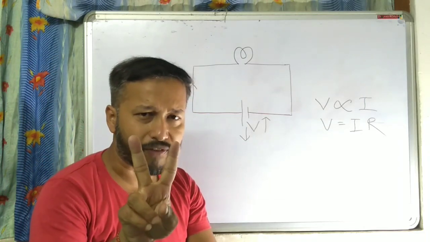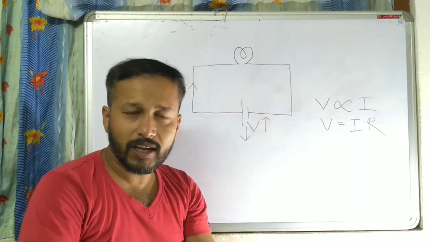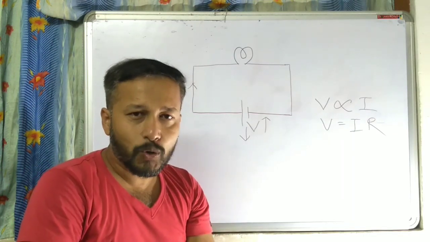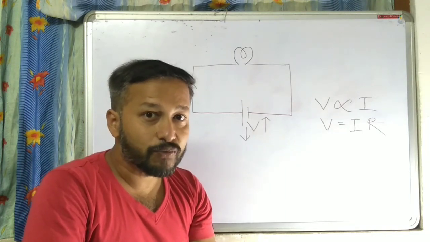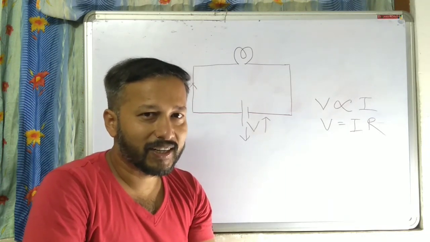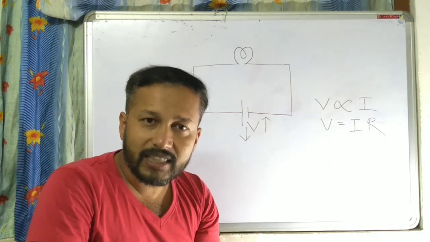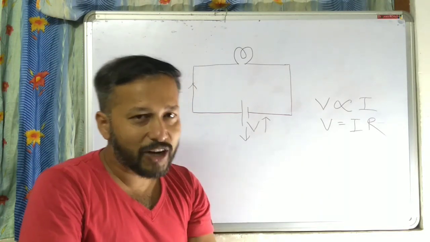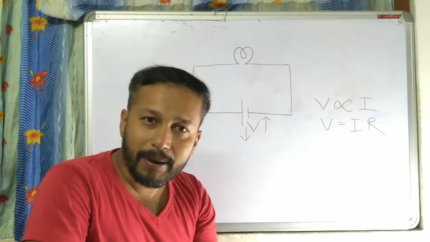So two things you have to find: potential difference and amount of current. Now to measure these, we require two different devices. The first device is called a voltmeter. The voltmeter is the device by which we measure the potential difference. And to measure current, we will use an ammeter.